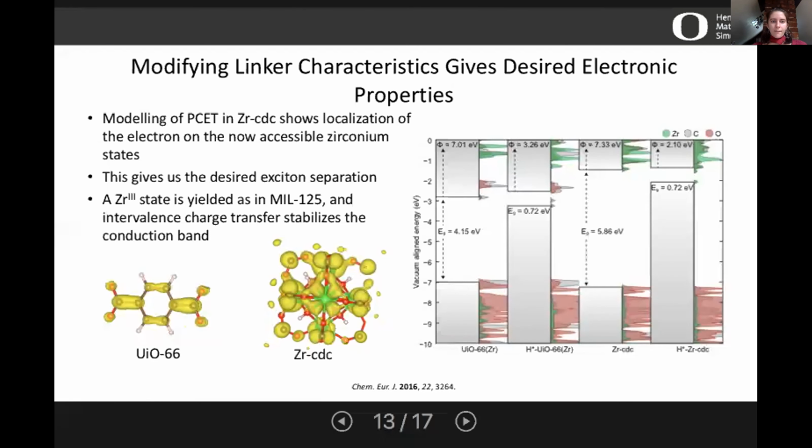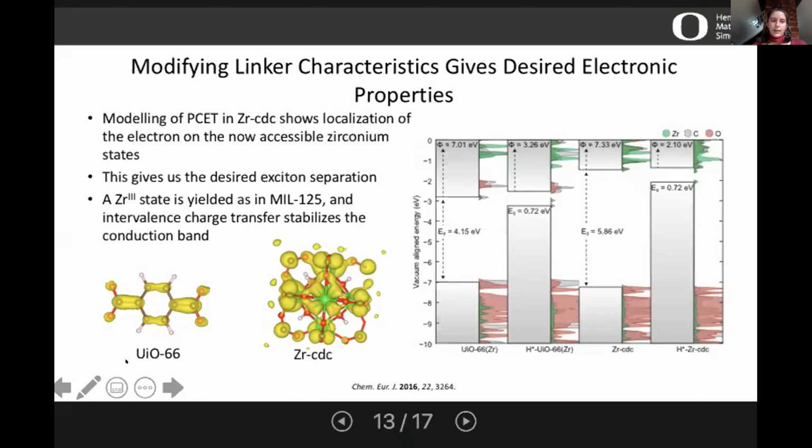And maybe a more intuitive way to look at this for people who aren't used to looking at these DOS plots, we can see here in the modeling of the electron density of these particular states, of these newly added highest occupied states.